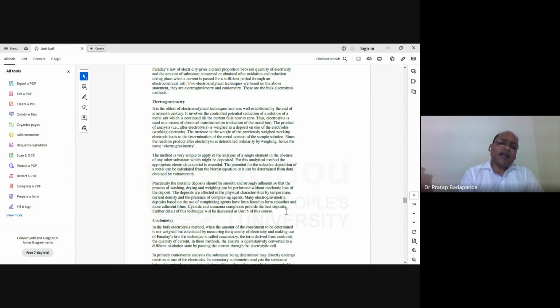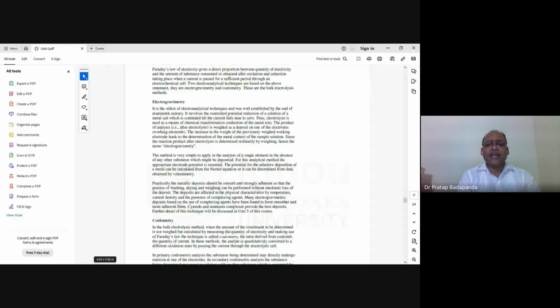We are using only one electrode, for example a silver electrode. You dip the silver electrode in the silver nitrate solution. Then silver will deposit at the silver electrode. That is the meaning of this. It's a very simple process.